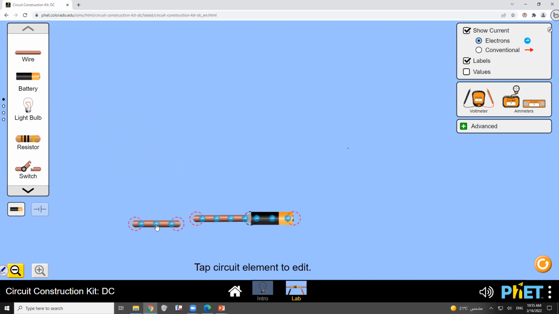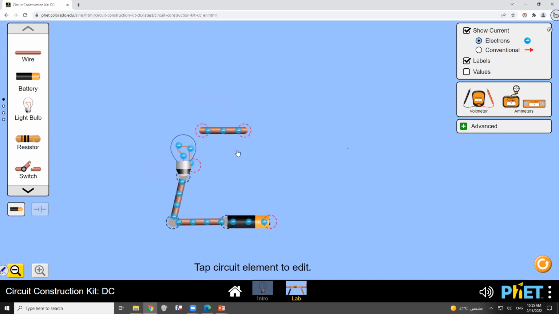Another wire, connect it. I will bend it. Looks nice. Then I take a bulb, connect it, and let me take another wire, connect it there, and I will move the other end of the wire to the plus or minus side of the battery.